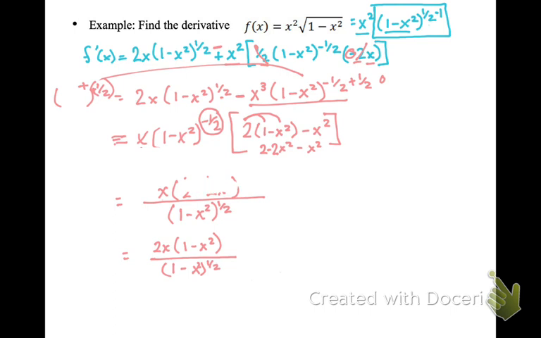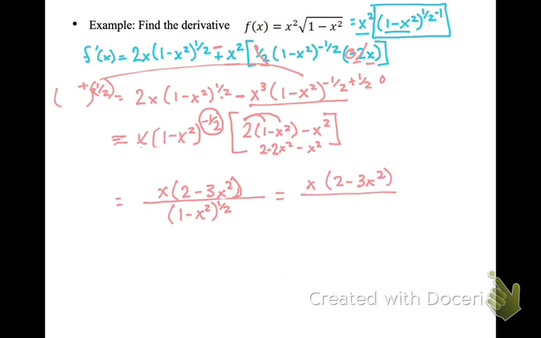So that's not this. What would this be then? It would be 2 minus 3x squared. Then we wouldn't have to do this last step, would we? No, because you can't factor it out. Now, if I was putting that in the computer, I'm pretty sure they would make you put it like that.